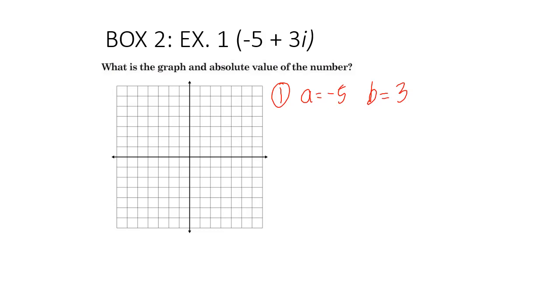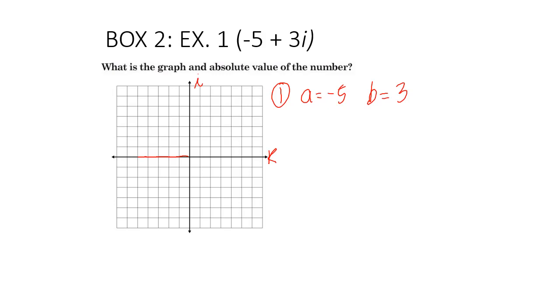Step 2 is to actually graph them. So remembering that your reals are your horizontal and your imaginaries are your vertical. So on my real, I'm going to -5. -5. Is that to the left or to the right? Left. To the left. So I'm going to go 1, 2, 3, 4, 5. From my real, I'm going to go to my imaginary.